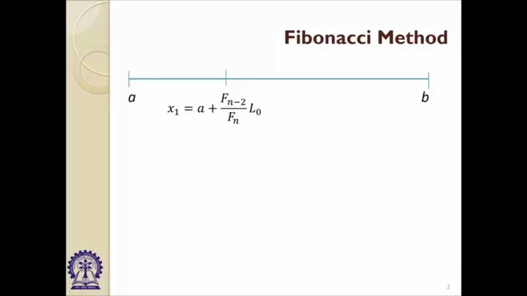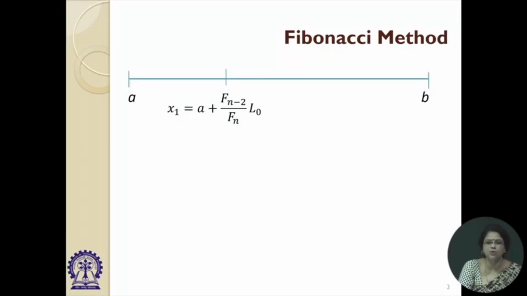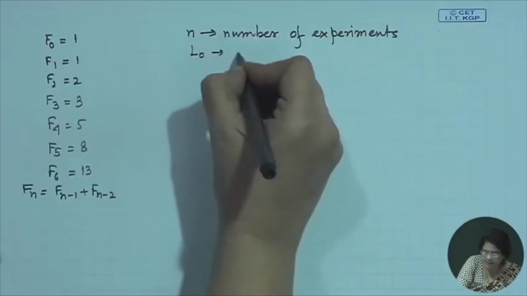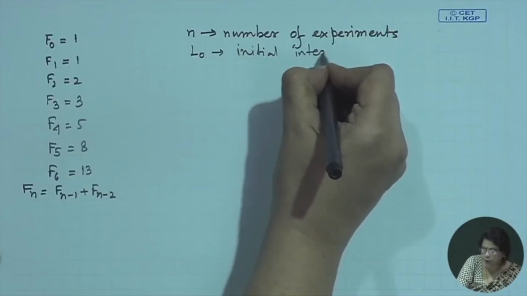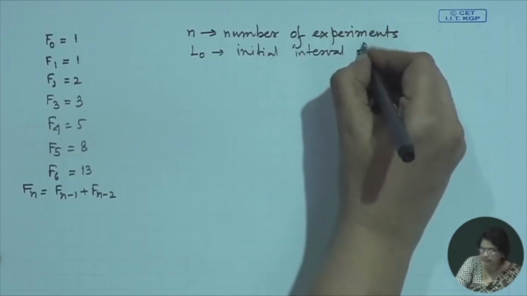That is why the first point would be a plus Fn minus 2 divided by Fn into L naught. L naught is the initial interval of uncertainty, where I know that the optimum may lie.